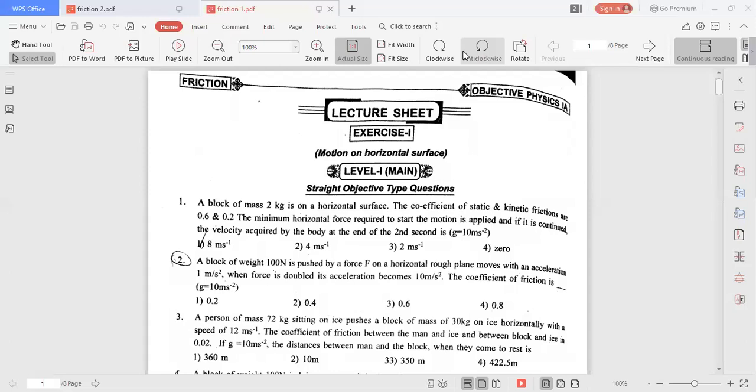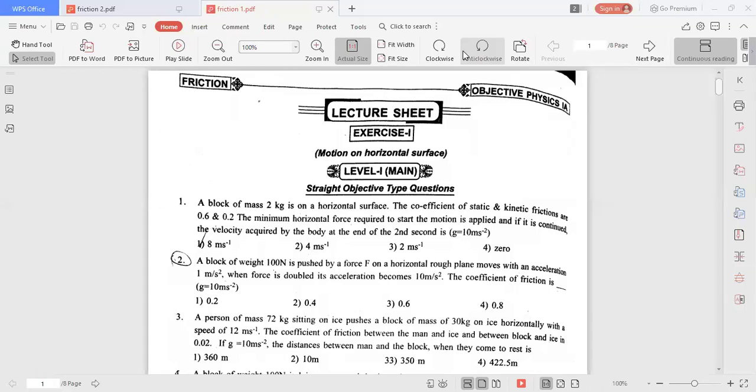Therefore, as both blocks move together, the common acceleration a is equal to the net force acting on the two blocks divided by the total mass of the system. On the two blocks, the applied force acts in this direction and friction in the backward direction.